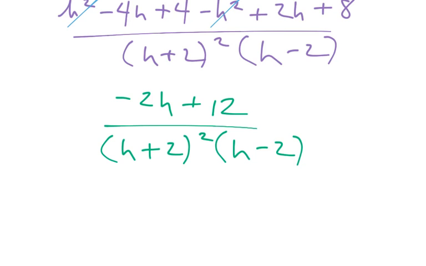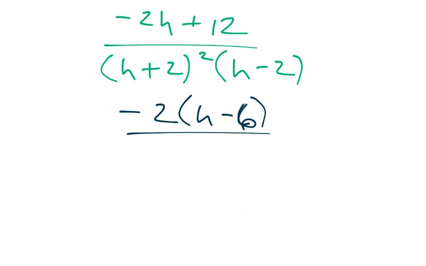And then I'm basically done, but it's nice to see a factor get pulled out so that I write negative 2 times h minus 6 over h plus 2 squared times h minus 2.